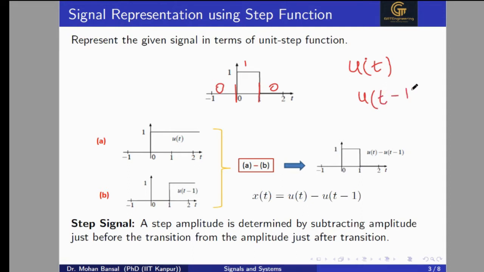Now we have to check the amplitude of the signal. Amplitude is defined by subtracting the amplitude just before the transition, that is 0, from the amplitude just after the transition, that is 1. So for t equal to 0, we get 1 minus 0 as the amplitude.